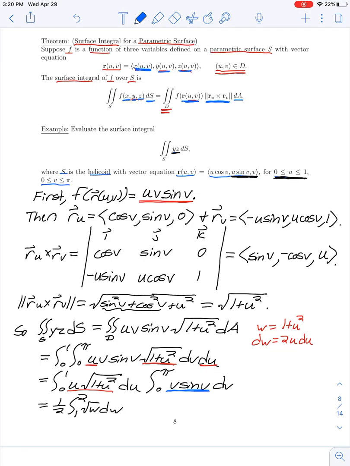Now to integrate v times sine of v, we would have to use integration by parts. A little scratch work to the side here. Rather than make the formal change of variables, we could use our tabular method for integration.